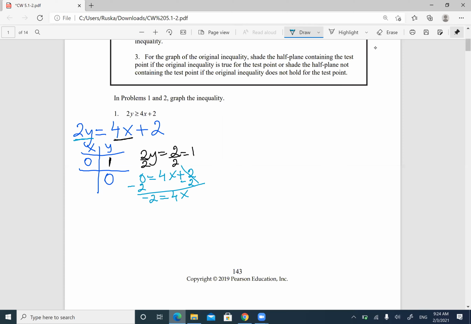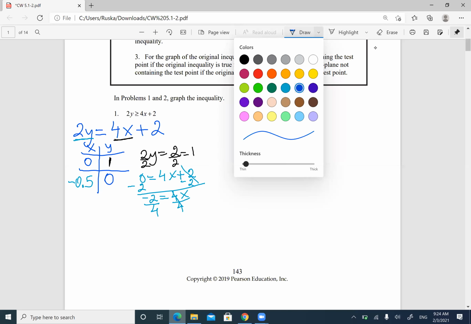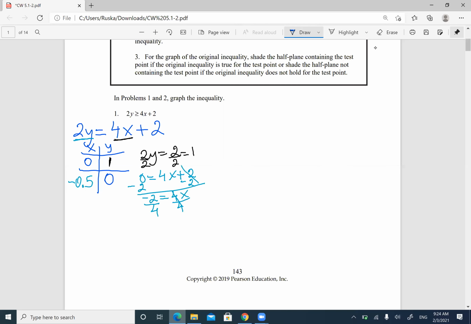Then I'm going to divide by 4 to get x by itself, and x is going to be negative 1/2 or negative 0.5. Okay? Now when you graph, it's okay to use decimals because you're going to graph it. So those are the 2 points I have to graph: 0, 1, and negative 0.5, 0.